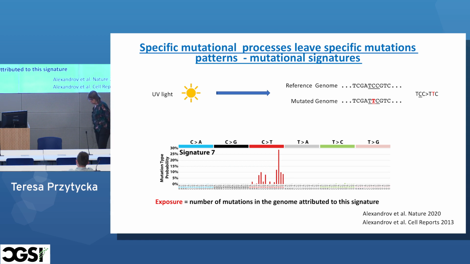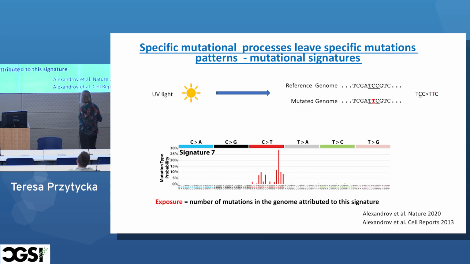Their definition of the pattern is very simple. Specifically, they say, let's divide all the mutations in the genome into categories, and then count the number of mutations in each category that will be associated with a given mutagen.